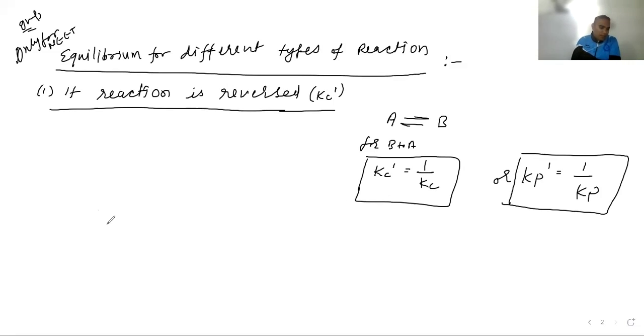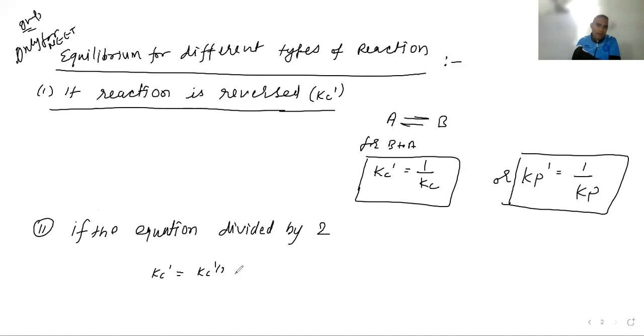If we divide the equation by 2, then Kc dash is equal to Kc power 1 by 2, that is, root of Kc.